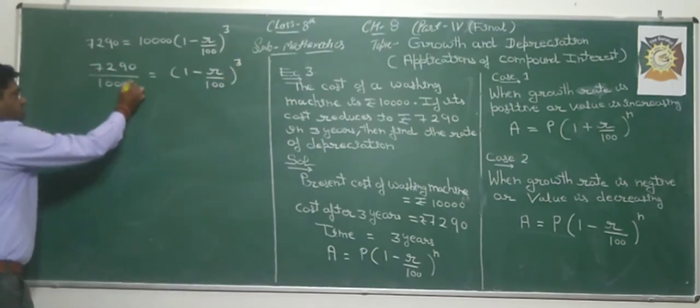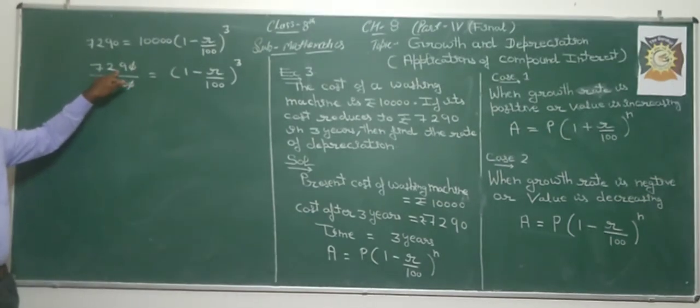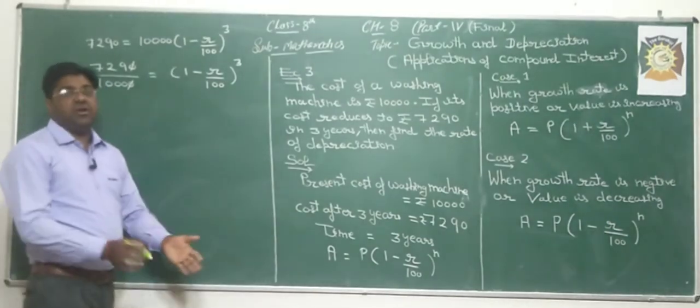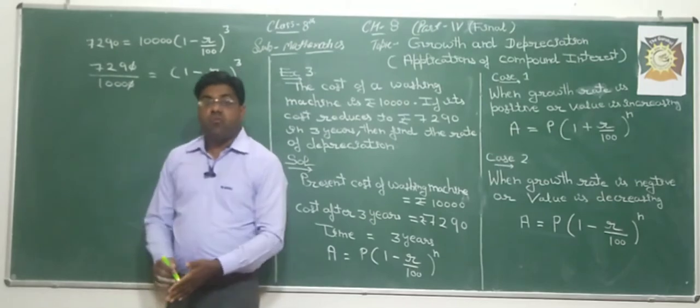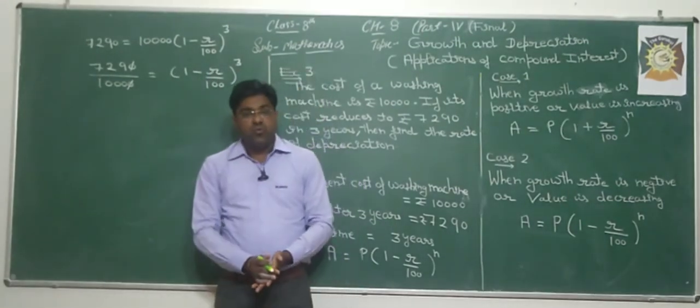Now, one 0 cancels. Observe these two things carefully. This is 729 and this is 1000. 729 is the cube of 9, and 1000 is the cube of 10.